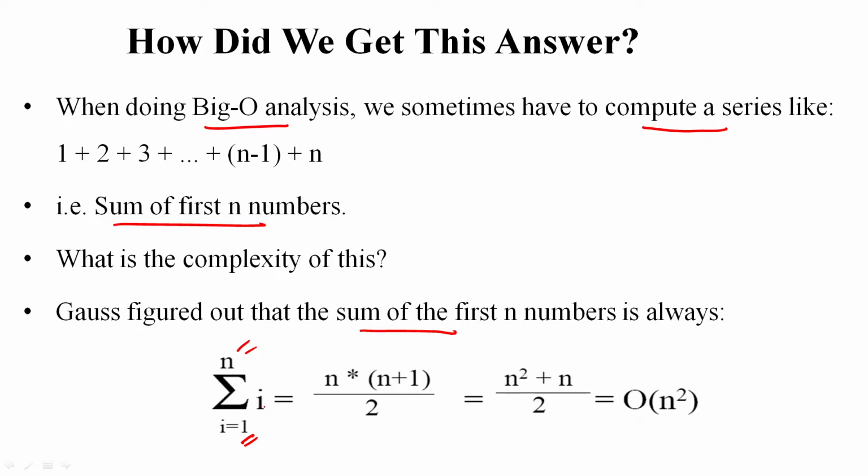When you multiply, n into n gives n square, so finally we get n square by 2 plus n by 2. Here this is a lower order term, so we ignore it. The denominator is a constant, so we ignore that too. So finally we get order of n square.